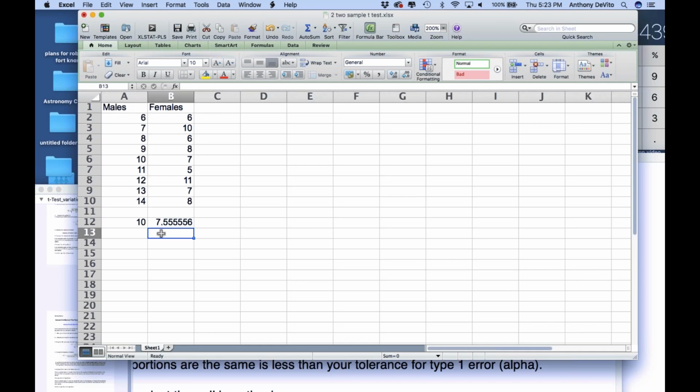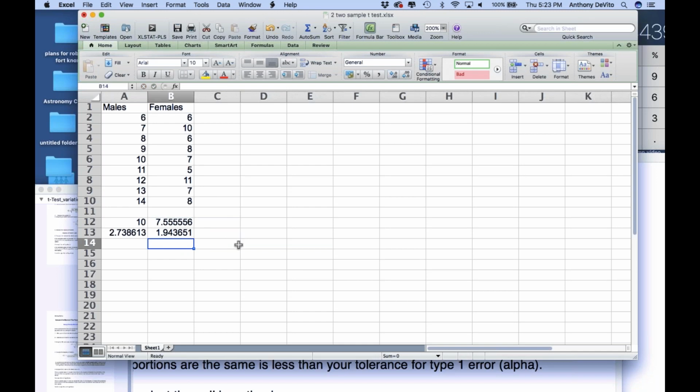I would calculate the standard deviation for both of these. The standard deviation for males is 2.7, and for females is 1.94.